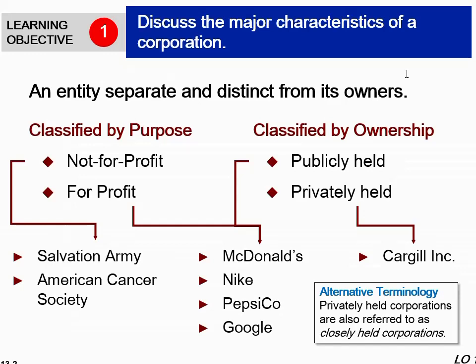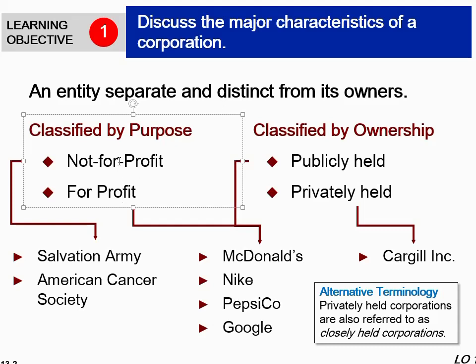Companies are formed based on two different classifications. If we talk about classification based on the purpose, then in that case, some corporations are not for profit and some are for profit.